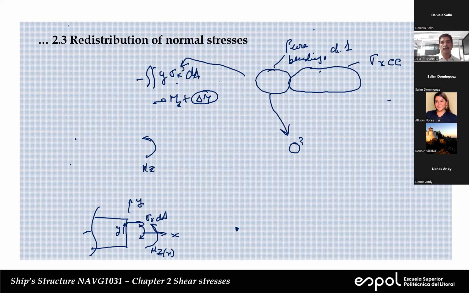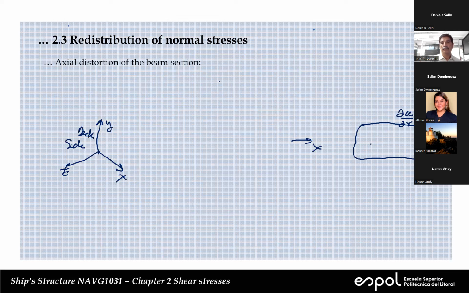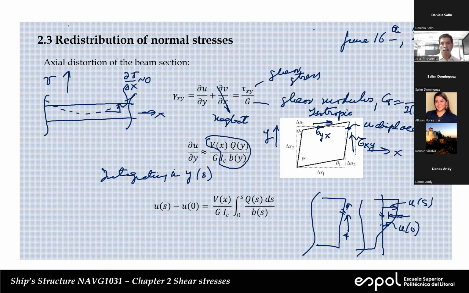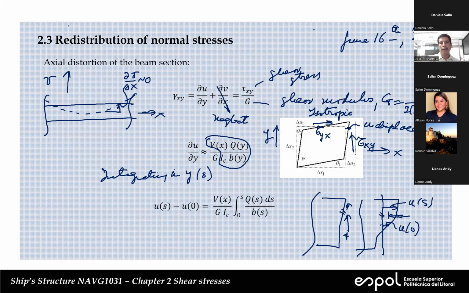Now, let me go back to recall where we introduced this expression. It's in today's lecture here. We said that after obtaining du dy, we integrate from a reference point up to a certain section.